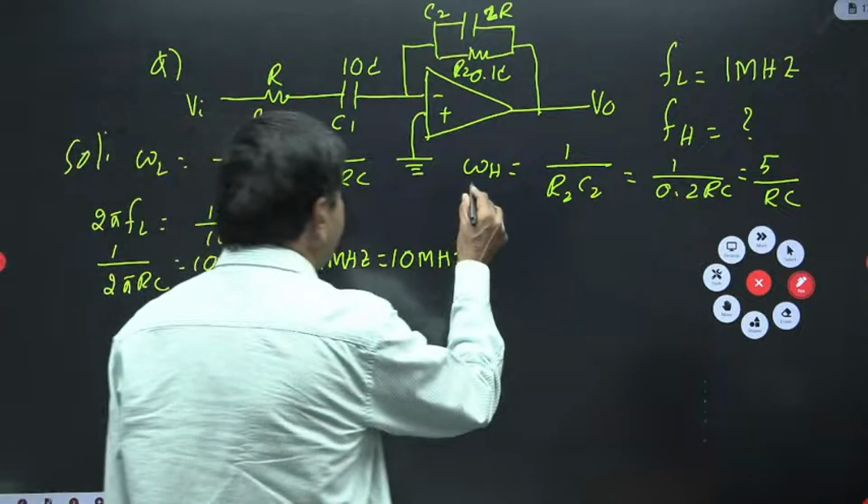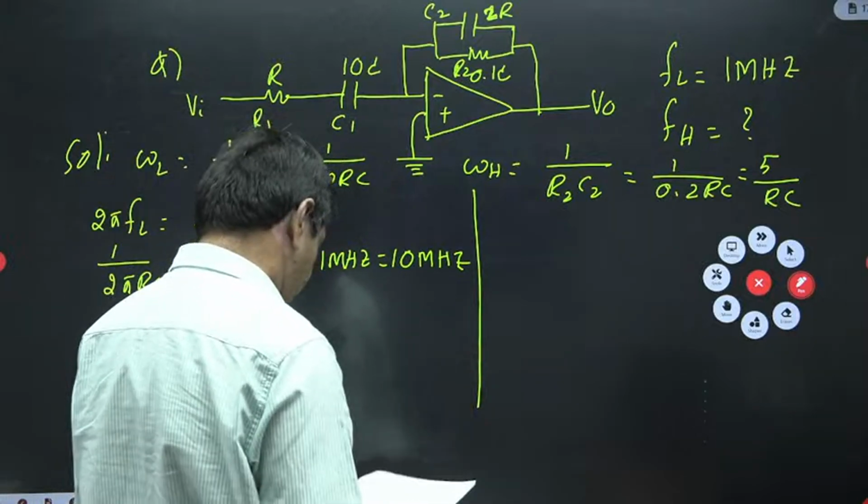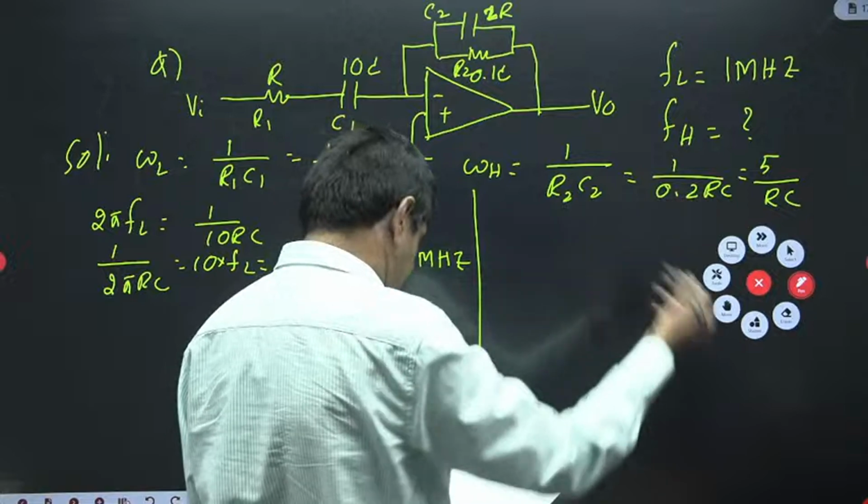Here, omega H is 5 by RC, you know very well.